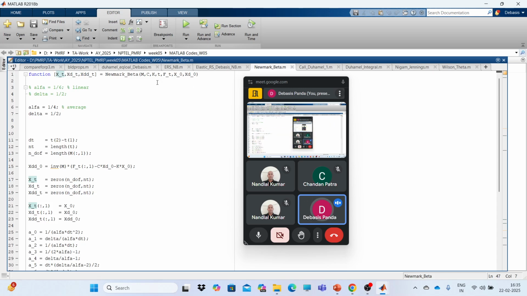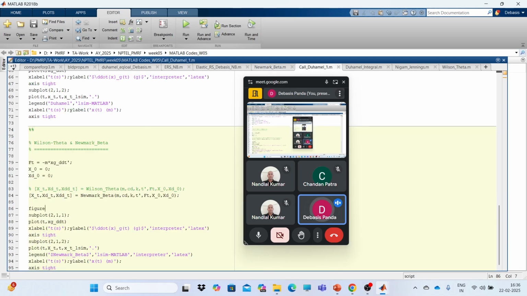If we provide these, it will calculate the values of x, x dot, and x double dot. That means the displacement, the velocity, and the acceleration at each time point. So now call it, and you will get the response at different time instances.